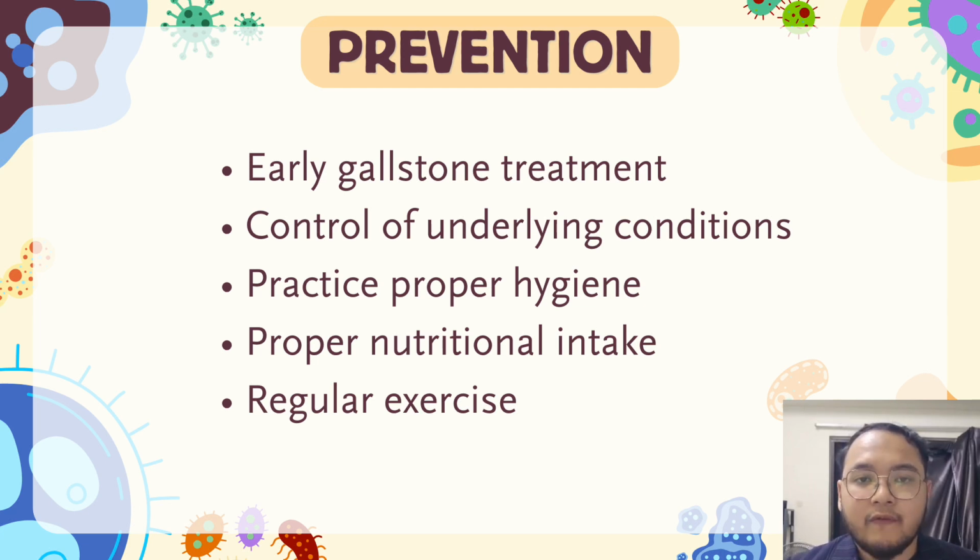There is also control of underlying conditions, for example, if patients have diabetes or immunodeficiency. It is also recommended to practice proper hygiene control to prevent infections, proper nutritional intake to reduce gallstone formation, and also regular exercise to dissolve gallstones.